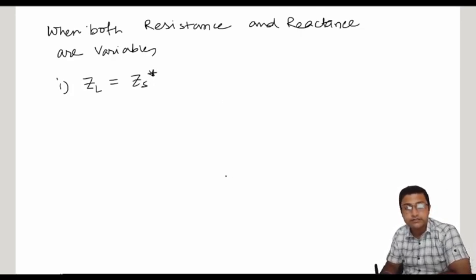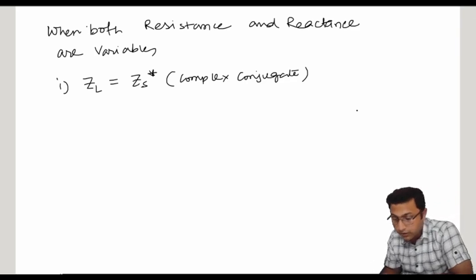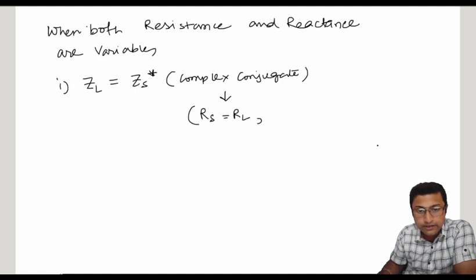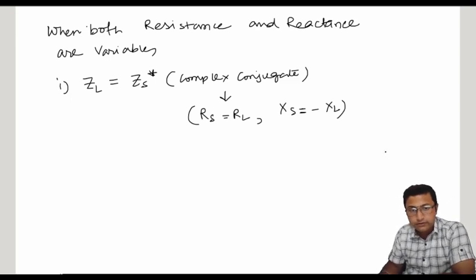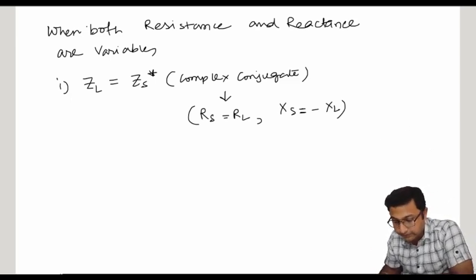ZL equal to ZS star. Complex conjugate means RS equal to RL and XS equal to minus XL. Here the term minus, so it is defined as complex conjugate, right?